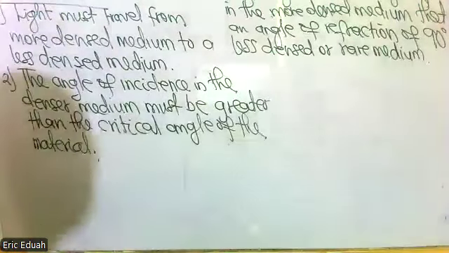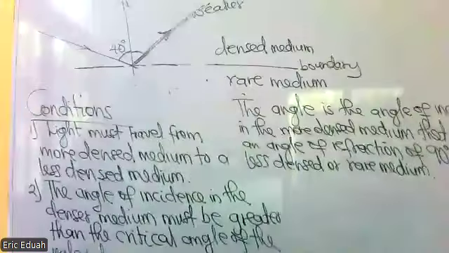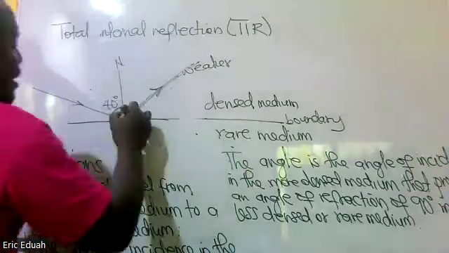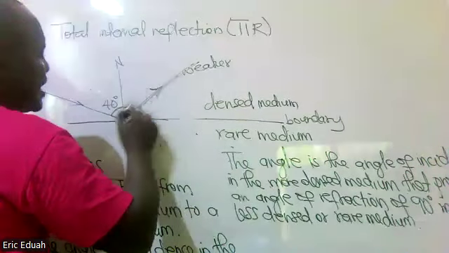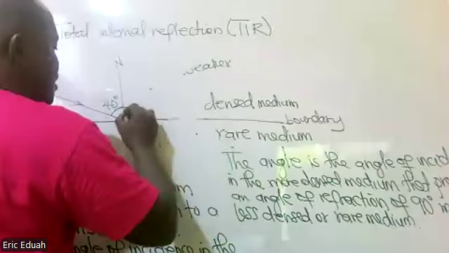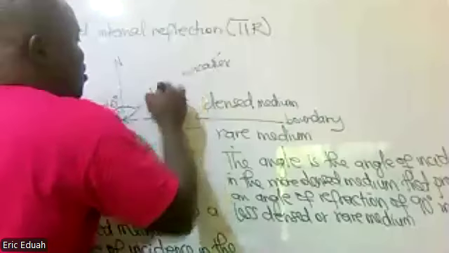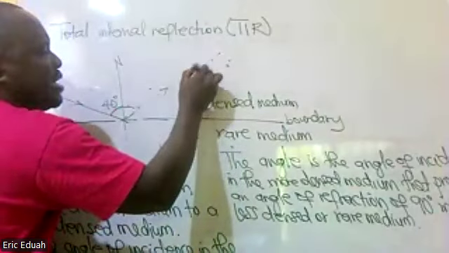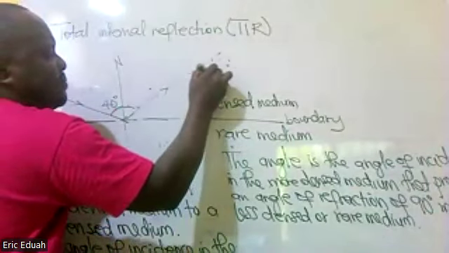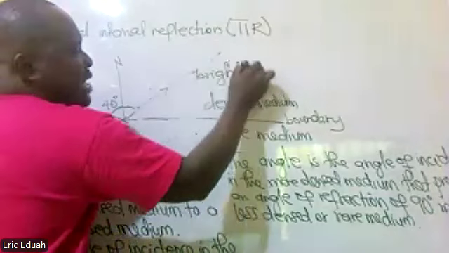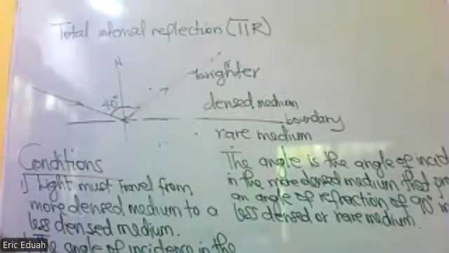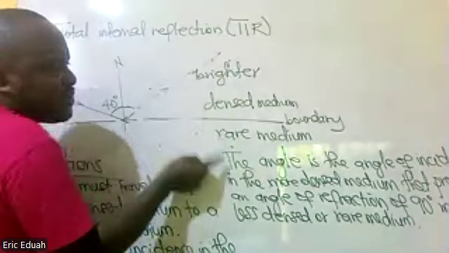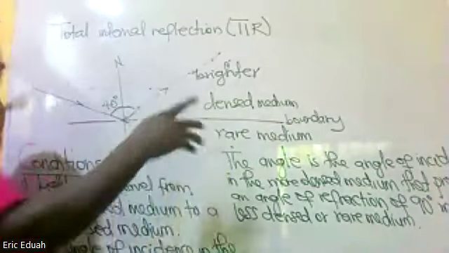Now, the moment total internal reflection occurs, the reflected ray, which before then was weaker, will now be seen to be brighter or stronger. This is because the refracted ray will just add to the reflected ray.